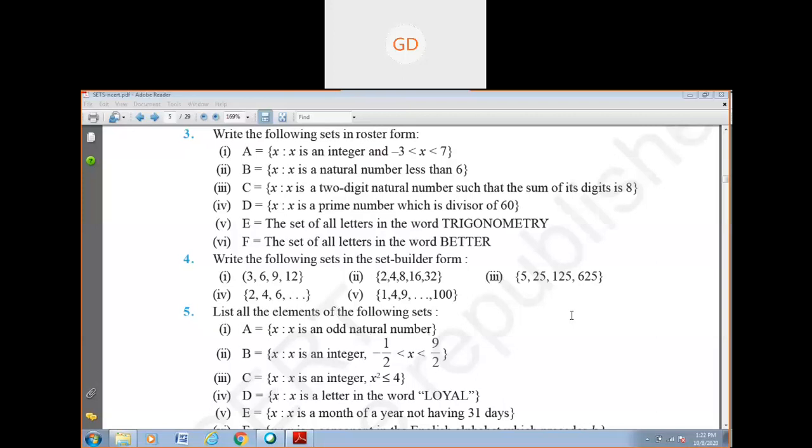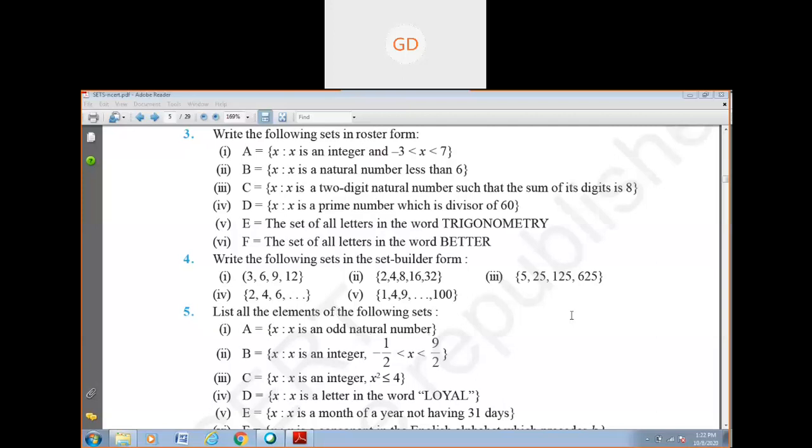So you can write the set builder form: x such that x is equal to 5 to the power n, comma, n is equal to 1, 2, 3, 4.